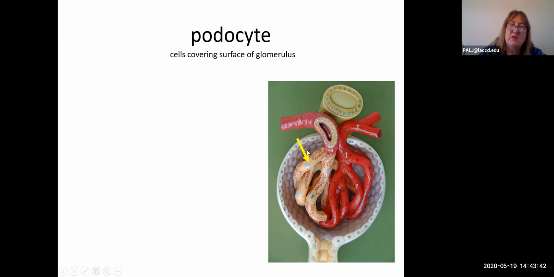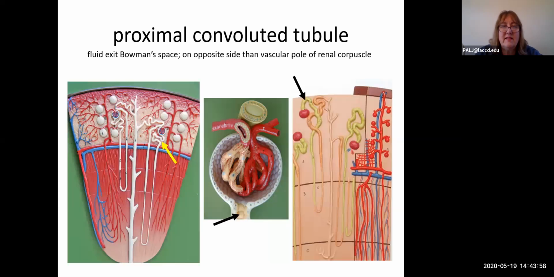Okay, so what I want you to notice about this renal corpuscle is that both blood vessels are at one end, what's called the vascular pole. And at the other end, there is a tubular structure that is draining this space. That tubular structure draining the space is known as the proximal convoluted tubule. So why does it have that name?